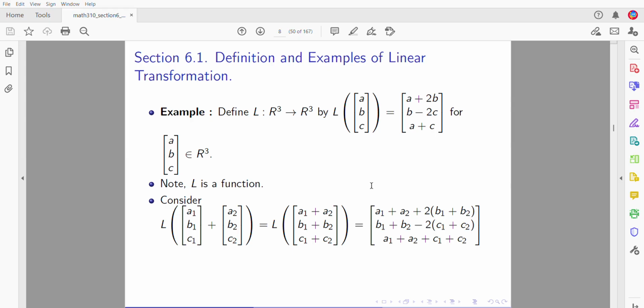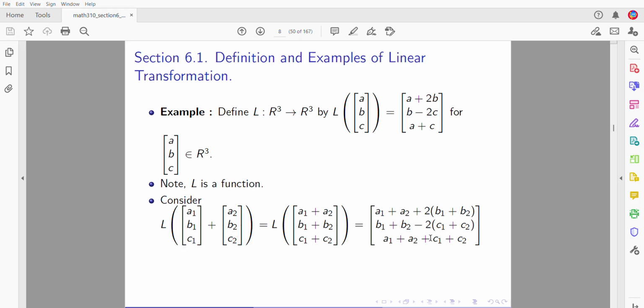Second coordinate minus 2 times third coordinate. Third entry, first coordinate plus third coordinate. Okay, so this is the result.